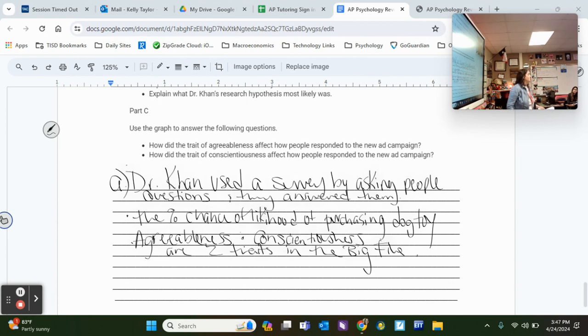Like L would be low agreeableness. Not bad or good, just you agree with that? I agree with that. You are not going to be a pushover in terms of what you think. But that could rub people the wrong way. Not me though, I like it.